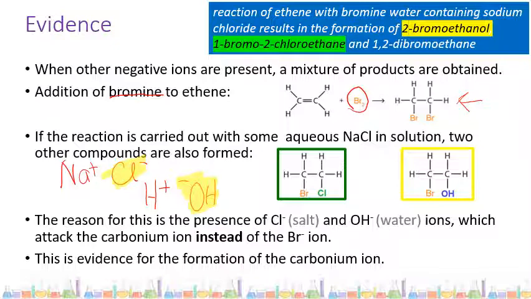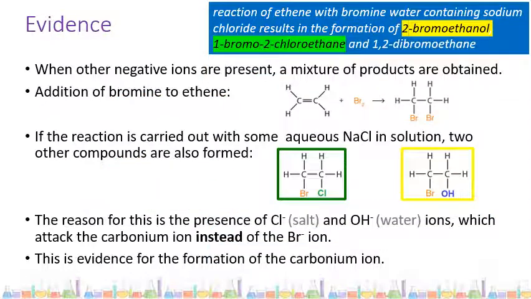And so there's two other products here that can be formed. One with bromine on carbon 1 and chlorine on carbon 2, and the other one with the hydroxide OH- ion on carbon 2. This provides us with evidence that the carbonium ion does form, that there's a two-step process where a bromine is added first and then a negative ion is added second.